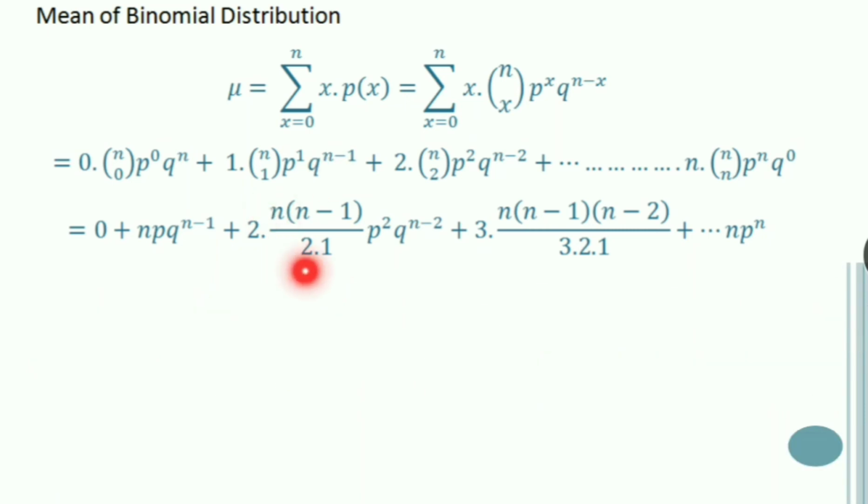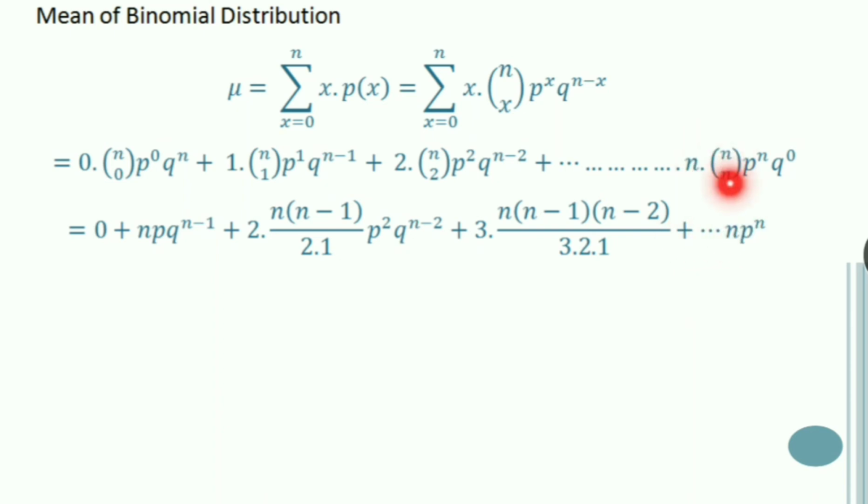So we get n into n minus 1 upon 2 into 1, p square as it is, q raised to power n minus 2 as it is, plus 3 n into n minus 1, n minus 2 upon 3 into 2 into 1. Similarly, you can calculate the third term. The third term will be this, plus so on.